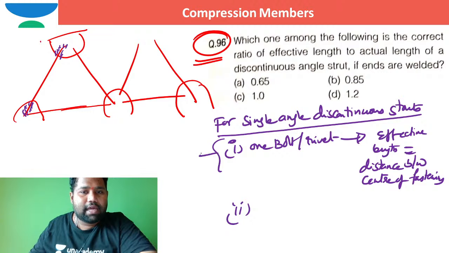So in this case, L effective is equal to 1 times L.